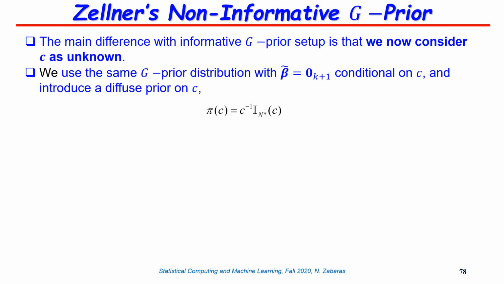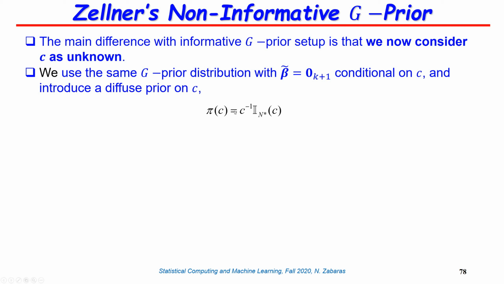So what I'm going to do is start by limiting my discussion to the case of a prior mean being equal to 0. Then I'm going to take this scale parameter C in Zellner's G prior and make it a random variable, where C takes specific values over the integer set, some integer values.